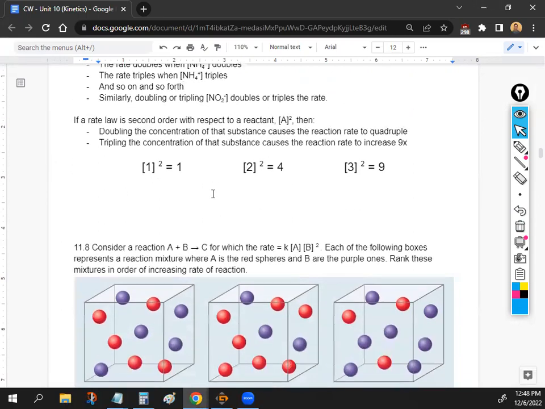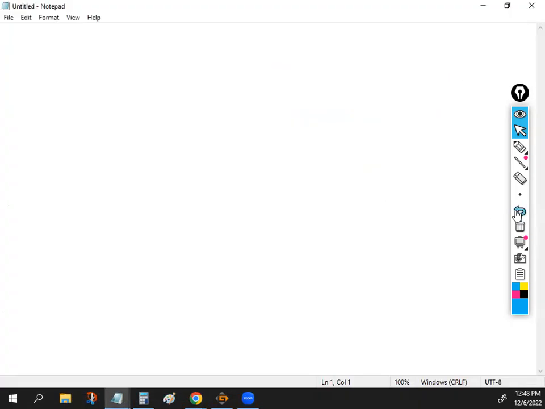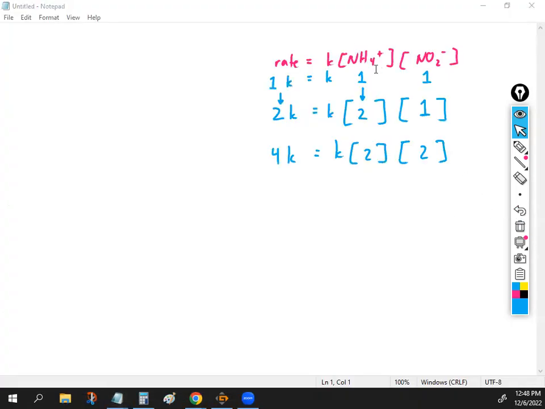Okay, now I'm going to describe this again with the example that we just had. So this is the reaction that we had, and we can see that if you double the concentration, that means you double the rate.